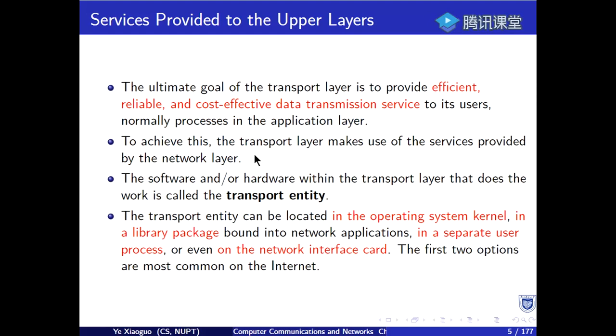The software and hardware within the transport layer that does the work is called the transport entity. The transport entity can be located in the operating system kernel, in a library package bound to network applications, in a separate user process, or even on the network interface card.